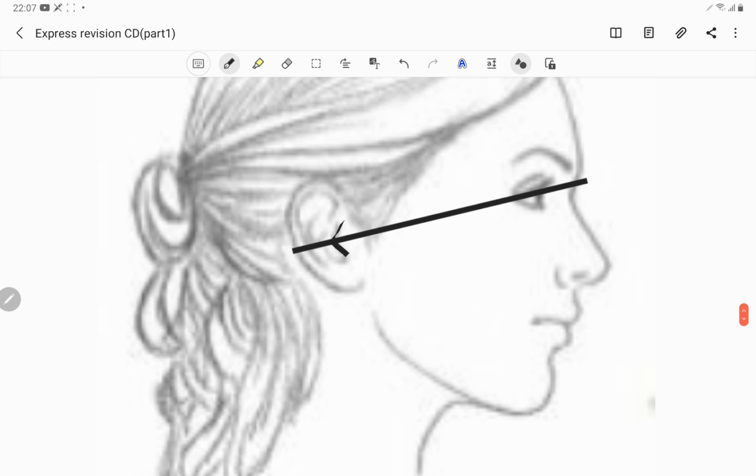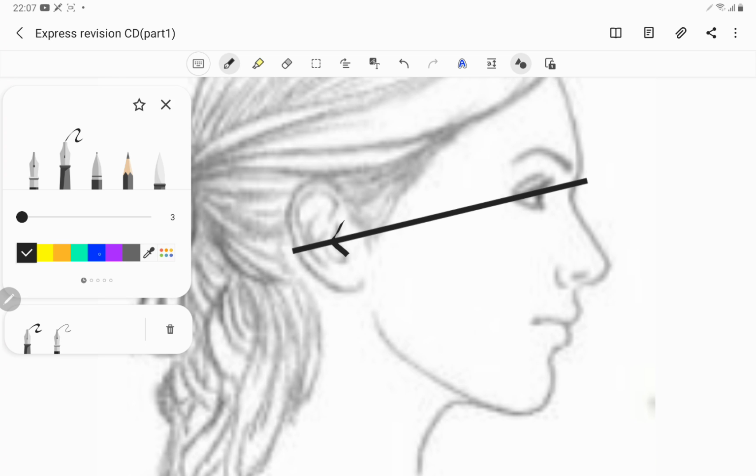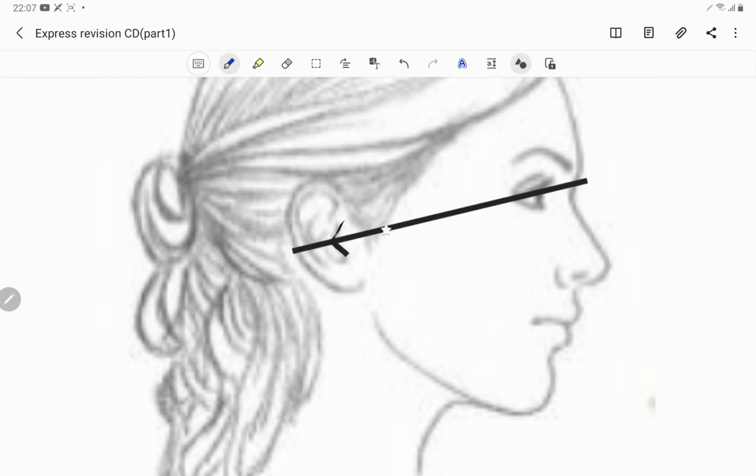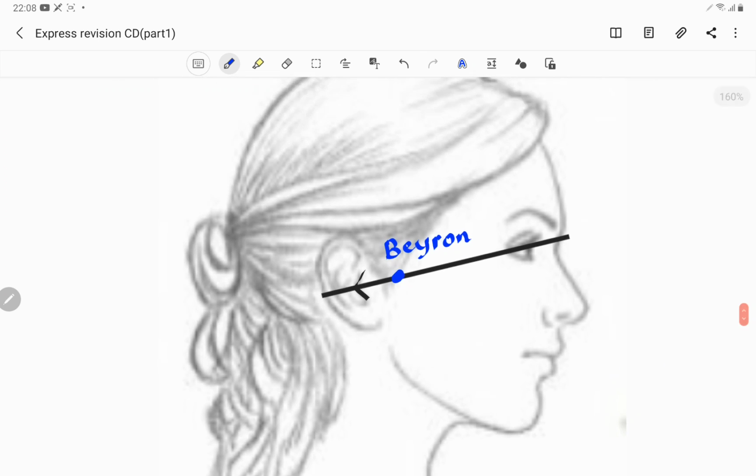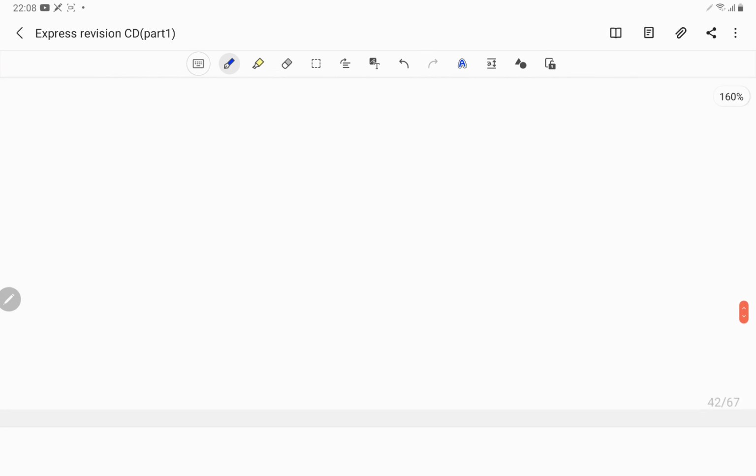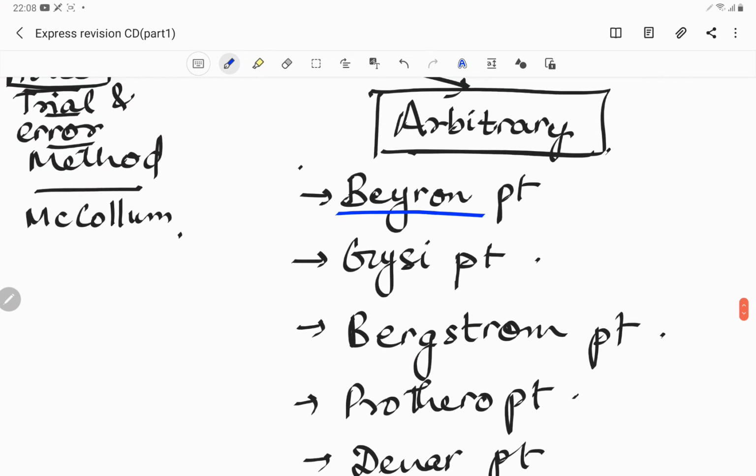From the posterior margin of the tragus to the outer canthus of the eye, we are going to go 13 millimeters anterior to this point. So if we mark 13 millimeters, it will be somewhere here. So this is our Beyron point.